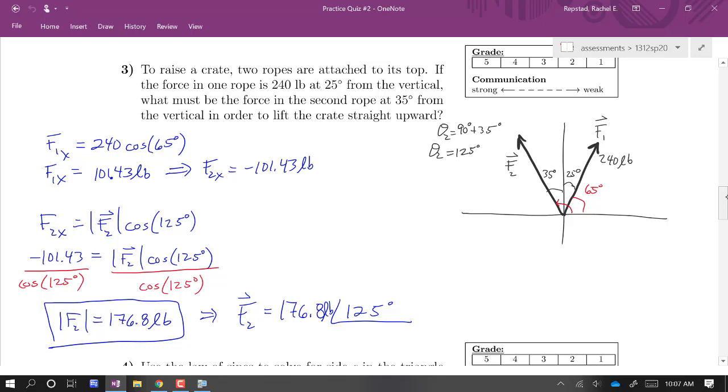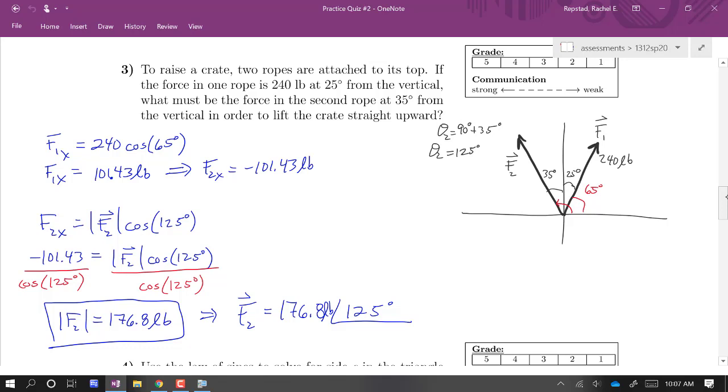So the x component of one force has to cancel out the x component of the other force. We can find the x component of F1 because I know the magnitude and direction. So there's the 101.43 pounds. And because those forces combine to have a net 0 x component, because it's just being raised, not moved horizontally, that tells me that the x component for the second force has to be negative 101.43. Does that make sense?